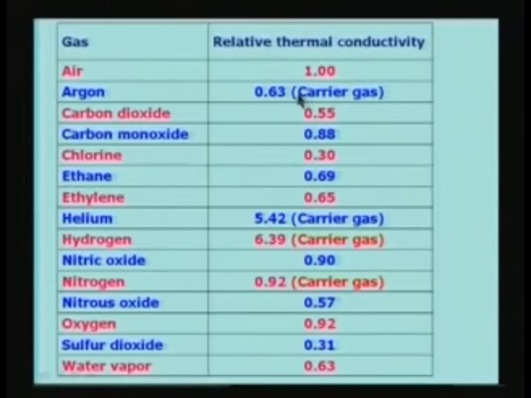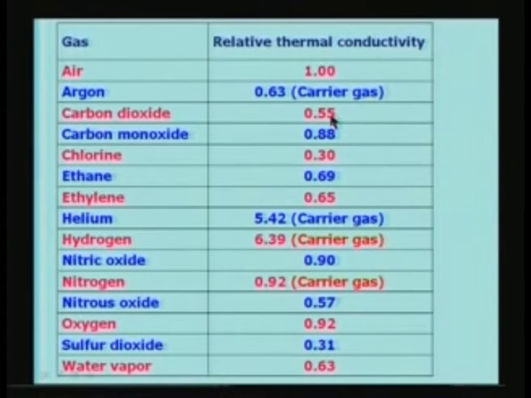Okay. For example, if I take argon, it is less conducting than air, about 0.63, and I will come to how this can be used for detection. Carbon dioxide is 0.55. This is all at one temperature, maybe at 0 degrees Celsius or 25 degrees Celsius, usually either 0 or 25 is quoted.